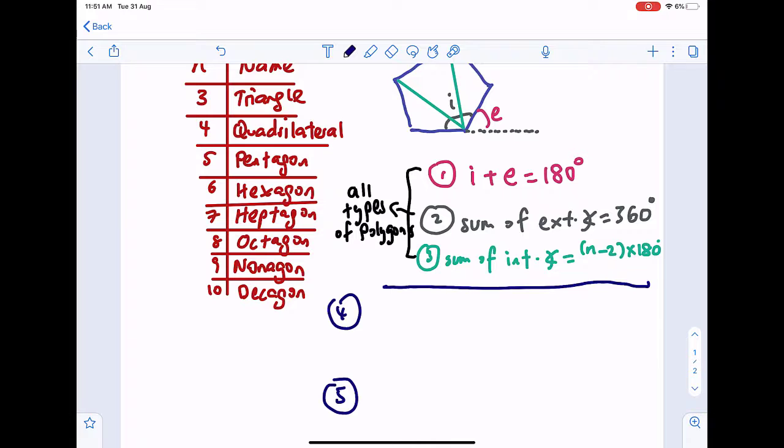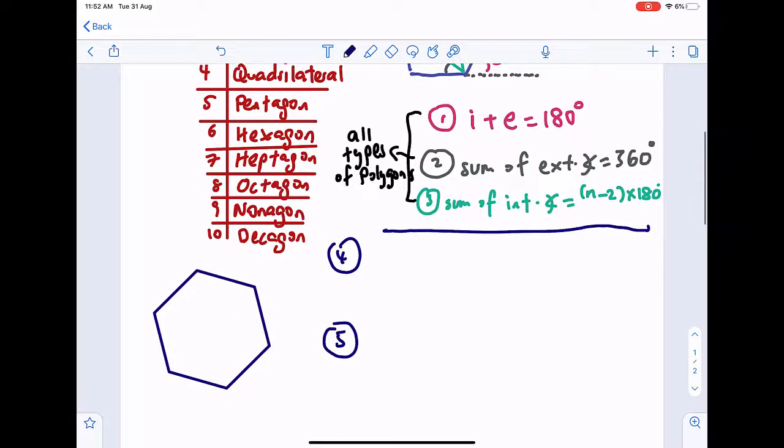Now, what are regular polygons? Regular polygons are shapes like this, whereby, for example, this is 6-sided, a regular hexagon in this case. All the lengths are the same.